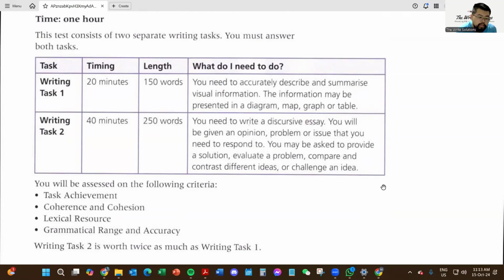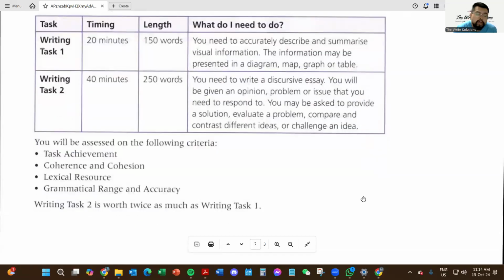As I said, writing task 2 is worth twice as much as writing task 1. Now, even though we do have the same rubric for writing task 1 and writing task 2, you complete them differently. And we're going to be discussing that when we're talking about writing task 1 and writing task 2. How do you answer it?